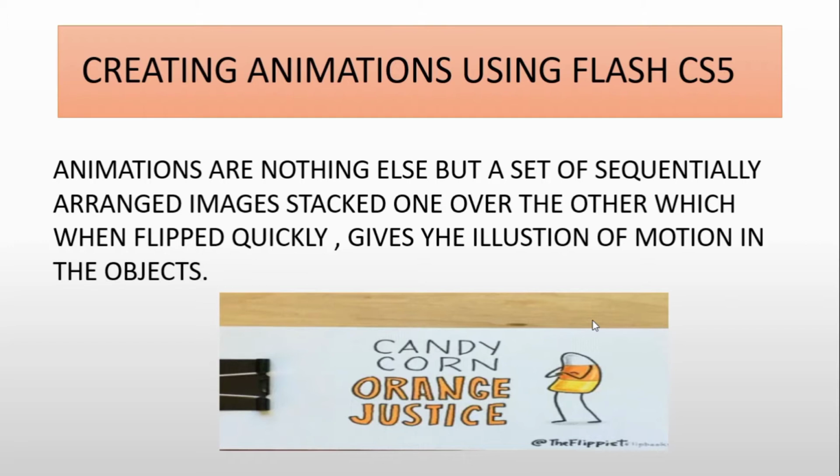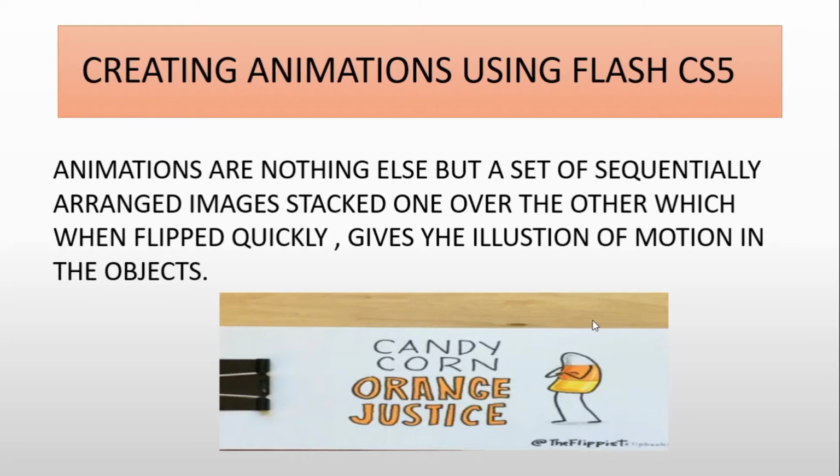Now it is time to add motion to these objects to create an animated Flash movie. So, in this chapter, we will discuss the various techniques which can be used to animate these objects in Flash CS5.